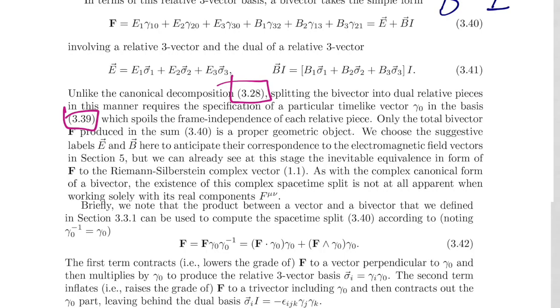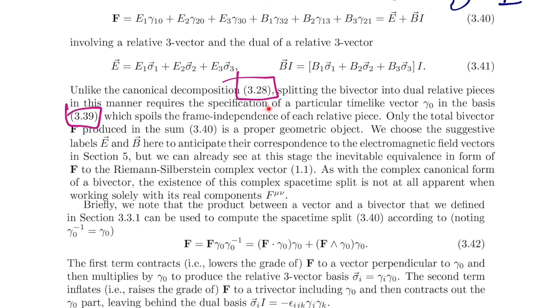So what they're saying is the specification of a particular time-like vector in the basis spoils the frame independence of each relative piece, right? Well, that's actually true for any of the vectors; you can change any of them and you'll screw it up. But in particular, yes, the time-like vector is even more sensitive because the definition of sigma is really wrapped up in the time-like part.